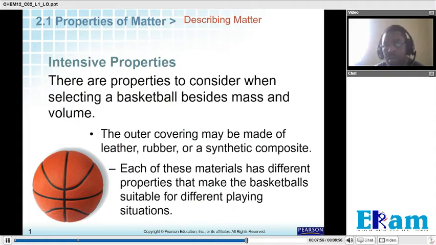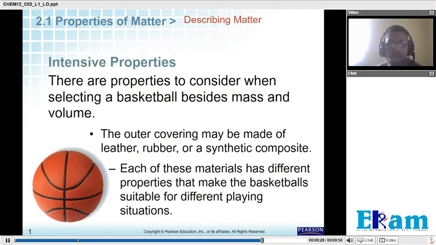Take for instance iron, or metal, a general description. A metal can bend. Magnets can attract other magnets. A copper wire can be used for electrical wiring because it has conductivity. So these are the intensive properties that describe what the matter can do.